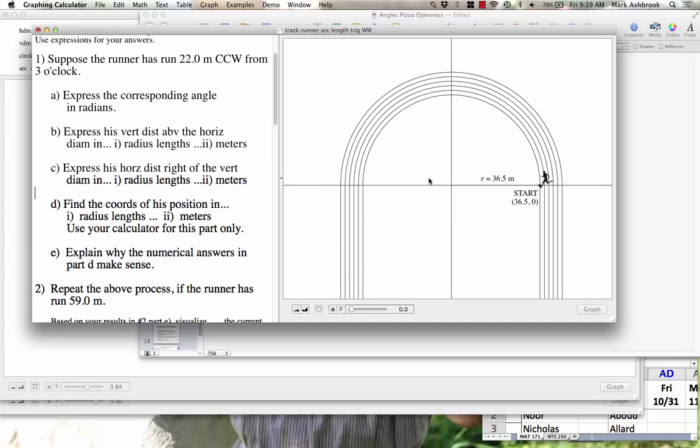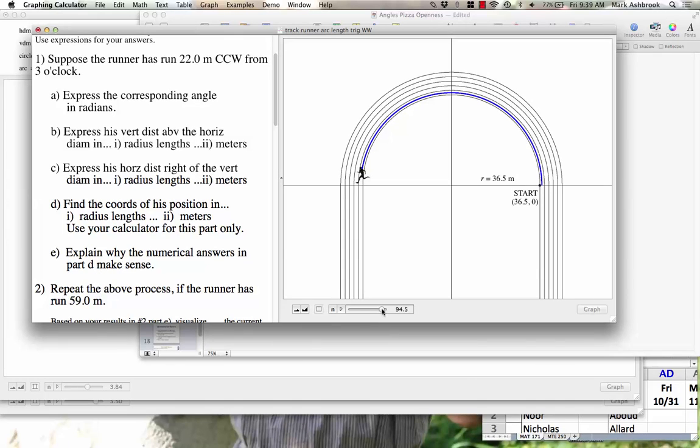The radius ends up being 36.5 meters from the center of this end of the track out to the first lane in the track. So the nearest lane is 36.5 meters. Okay, and so our runner is going to start at the starting line, and we're going to look at him running around the semicircle, in the first quarter of the first lap that he runs.